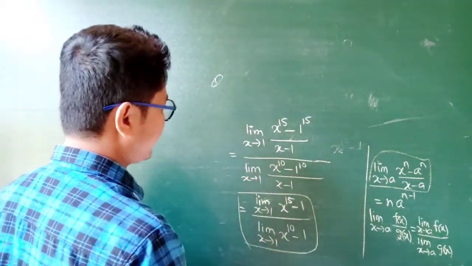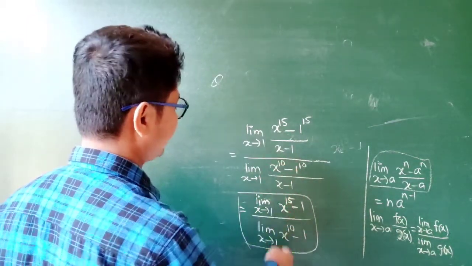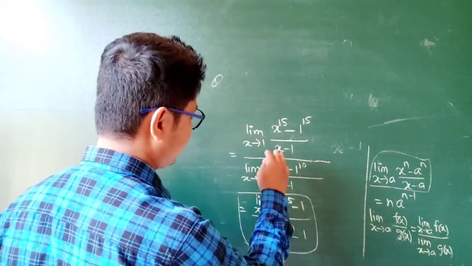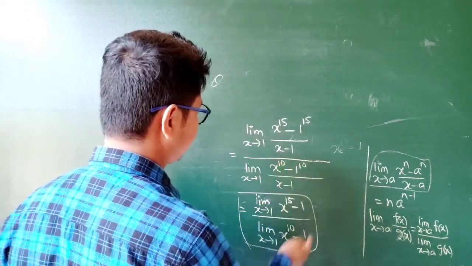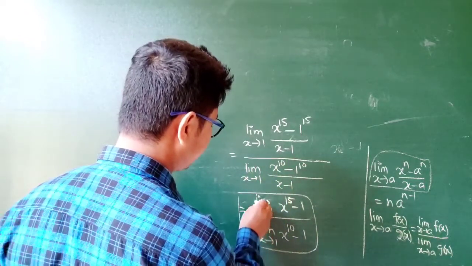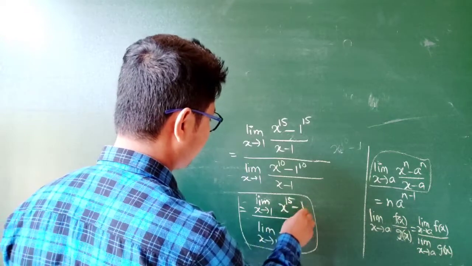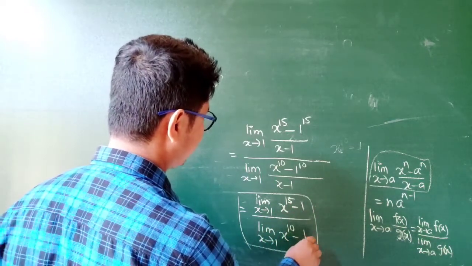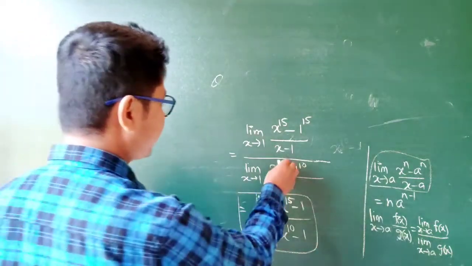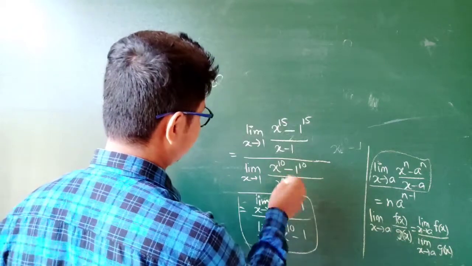That's why I can put this x minus 1 and x minus 1. After cancelling, again we will have these two numerator and denominator: limit x tends to 1, x to the power 15 minus 1 divided by limit x tends to 1, x to the power 10 minus 1. Therefore we can divide by x minus 1 in the numerator and in the denominator also.